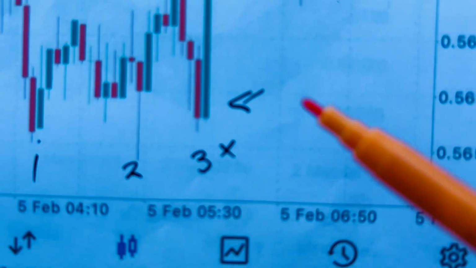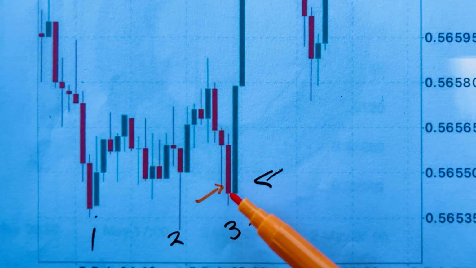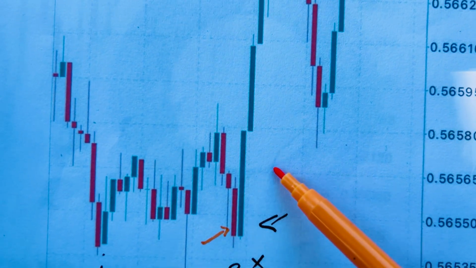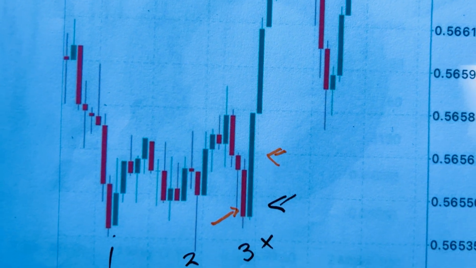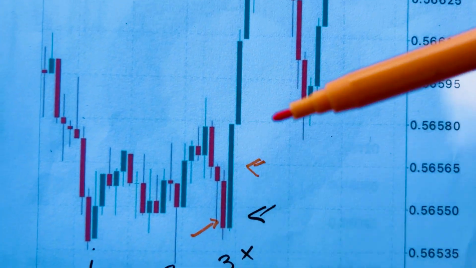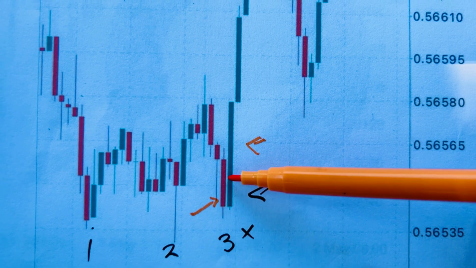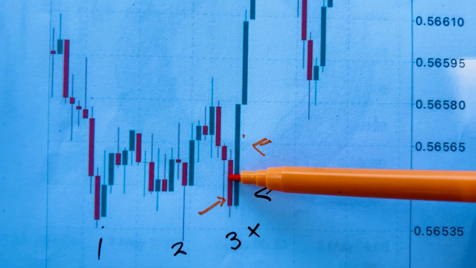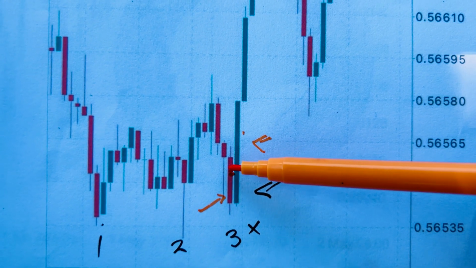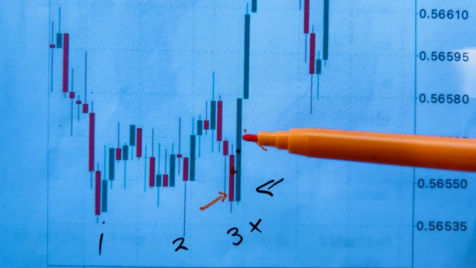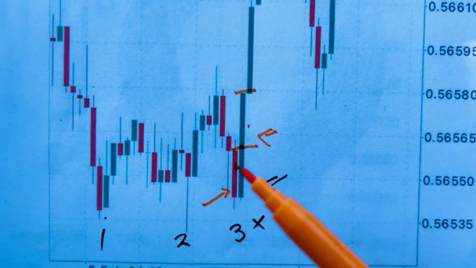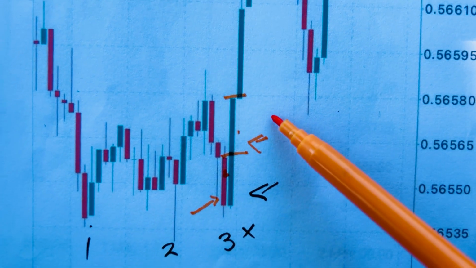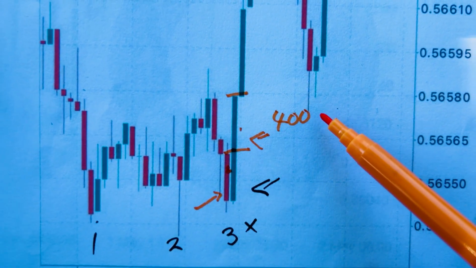In this case, we have this candlestick over here that is red, just to make sure you understand, and we have this green or blue candlestick if you're using a different chart than mine. Now, when we compare this one and this one, we check the difference between here and here, and we find that it can be around 400 points.